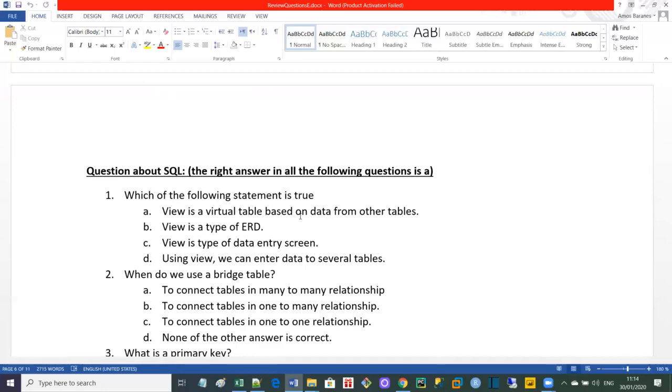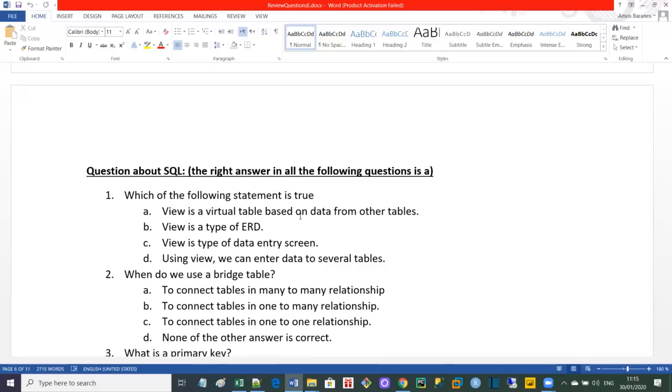It will say create view, you give a name, as, and after the as, you simply write an SQL select command to pull data from several tables that already exist in the database. And that select, you want to give it a name. So a view is giving a name to an SQL command.